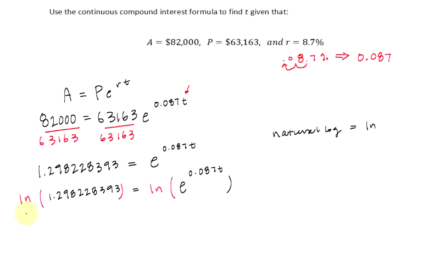But when I put the natural log of 1.298228393 into my calculator, the answer is 0.2610005604. That takes care of the left-hand side.